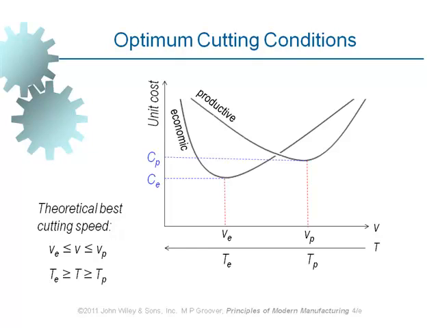If we represent tool life, as we increase cutting speed, tool life decreases. That's what we had in the previous slide. So, cutting speed should be chosen something between VE and VP, giving us a tool life between TE and TP. So, depending on the circumstances, we've got to choose the right one.